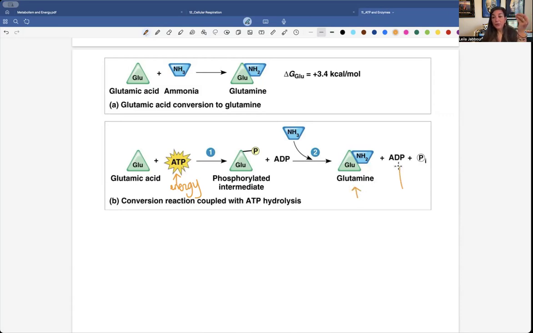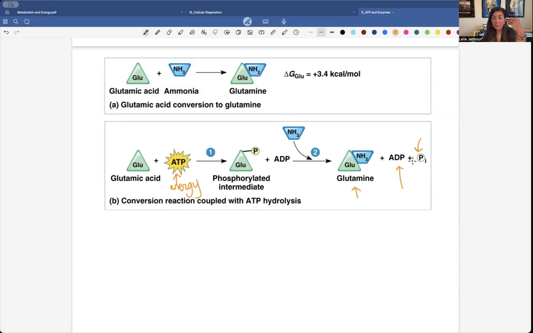And so in the end, your ATP becomes an ADP molecule with the phosphate group being detached because it got used up as a placeholder here before the amino group arrived.